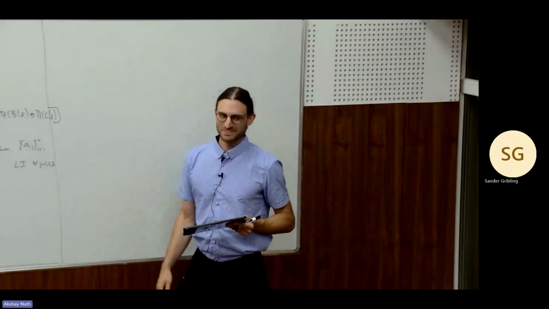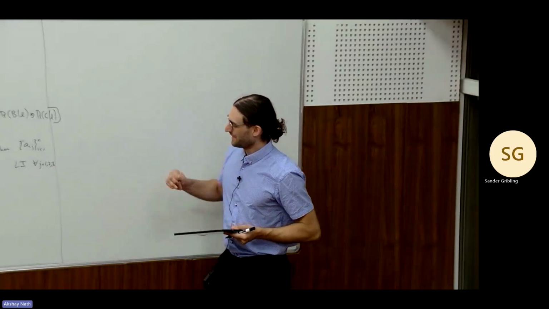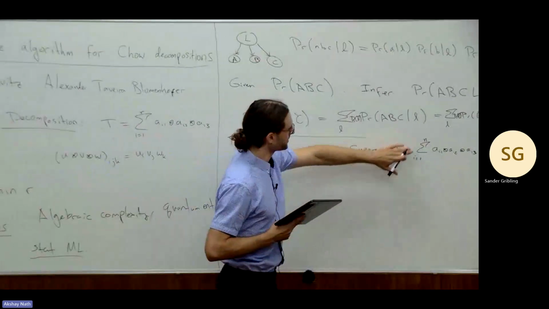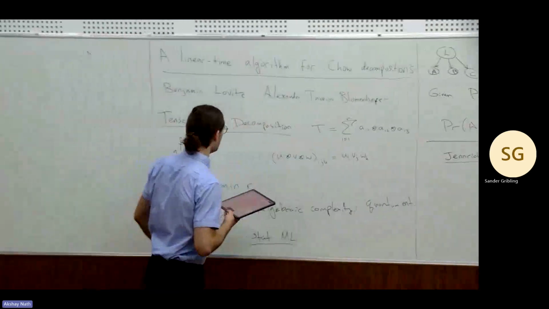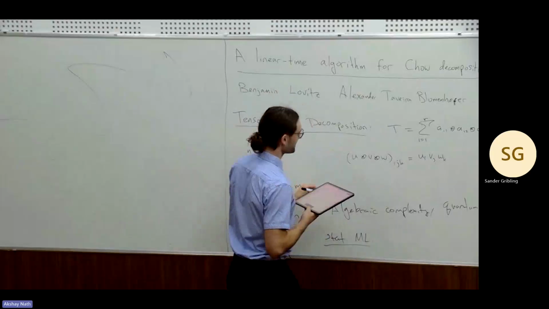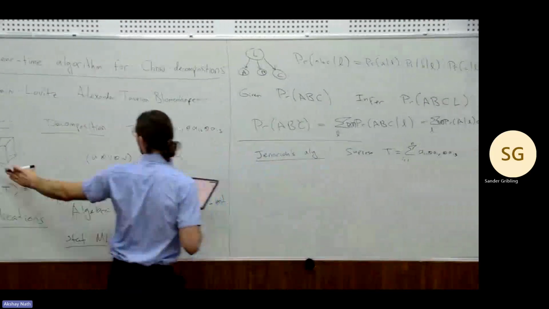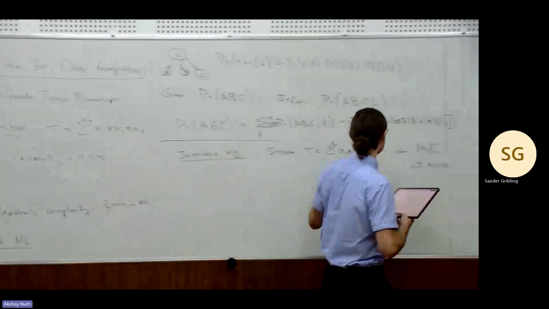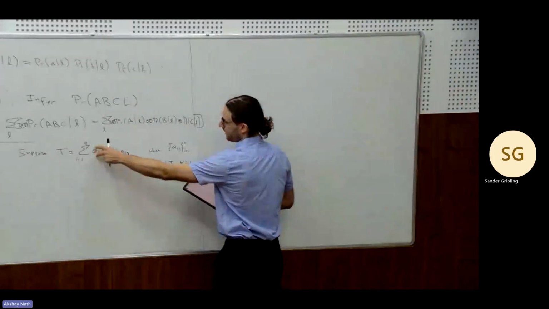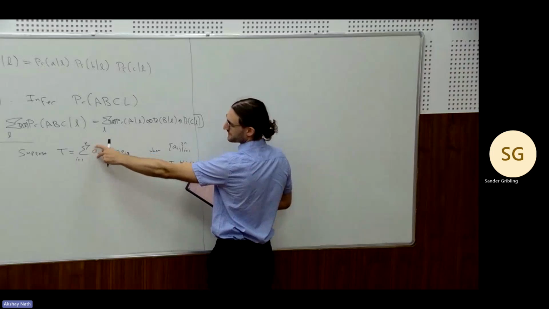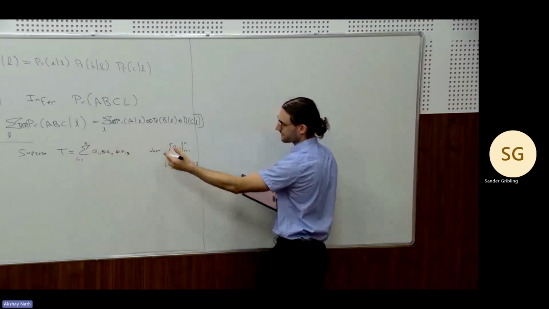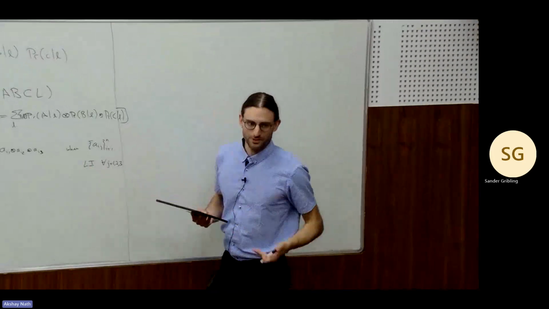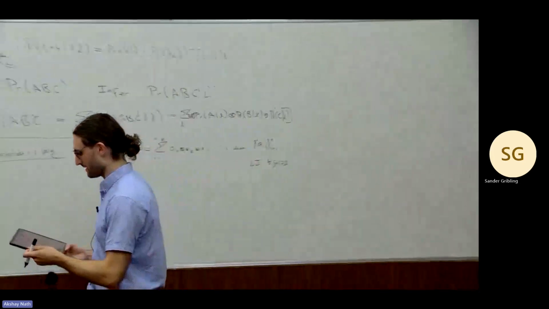Let me know if I'm writing too small. So in the particular case where the rank of T is equal to n, T is living in this n by n by n tensor space. If it has an expression of this form where all these first vectors are linearly independent, they have to form a basis for Cn, and the second and the third similarly are linearly independent. Li means linearly independent. Then we actually have an algorithm for finding this decomposition, if we're promised that this is the case.